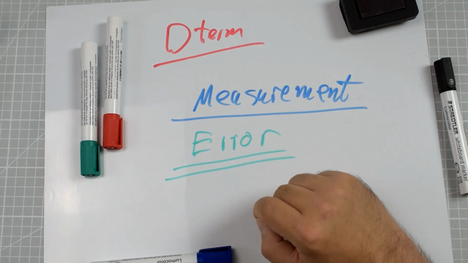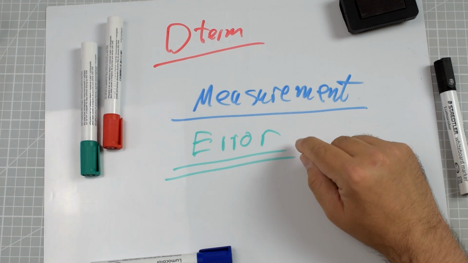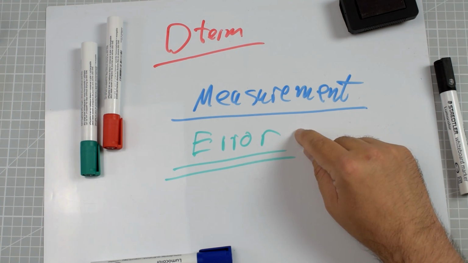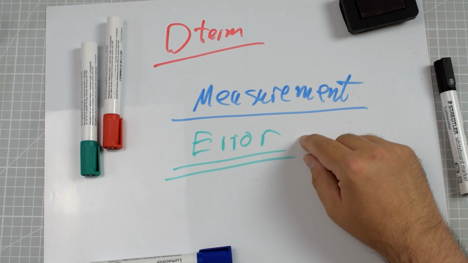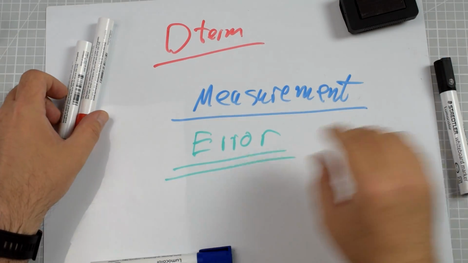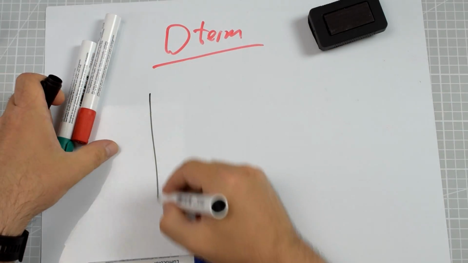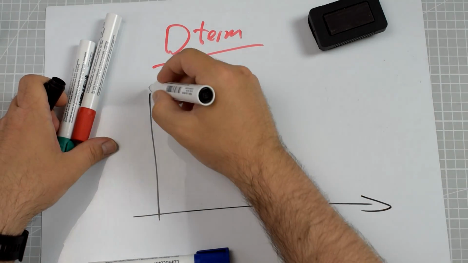However, when you are computing the D term from the error, there is something called the derivative kick. I will have to create another graph.